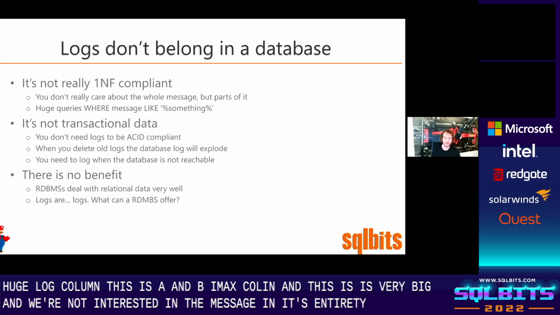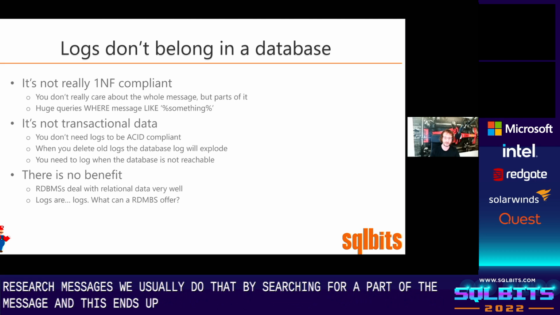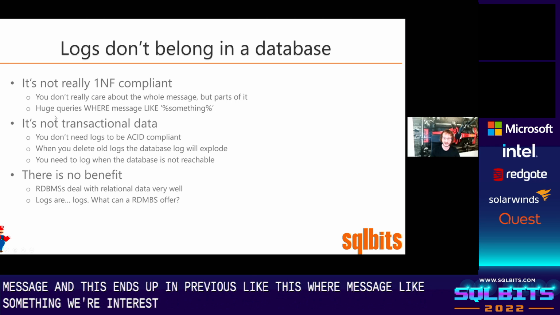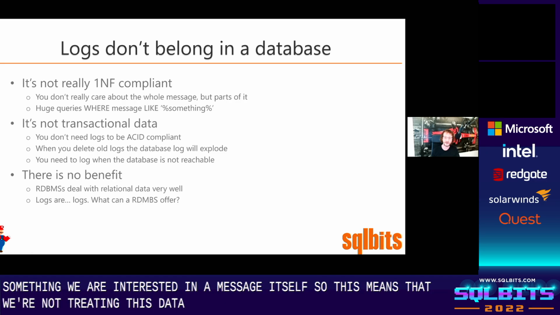When we search messages, we usually do that by searching for parts of the message, and this ends up in queries like this, where message is like something we're interested in. So this means that we're not treating this data in a first normal form compliant way.